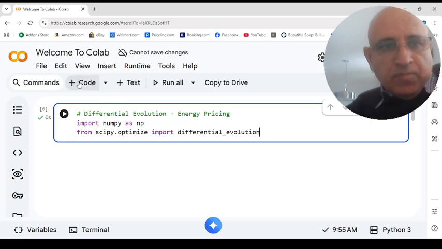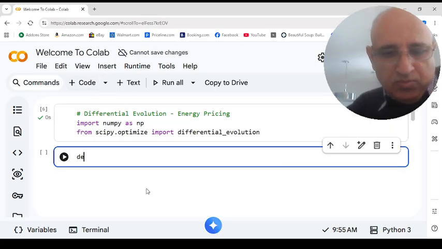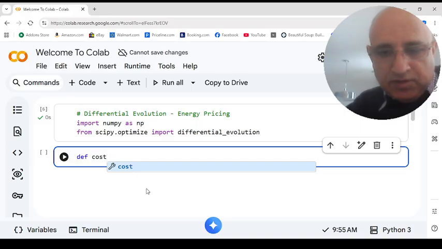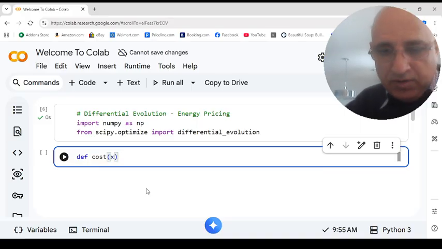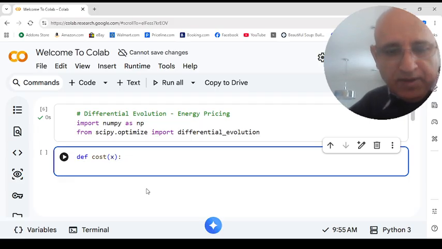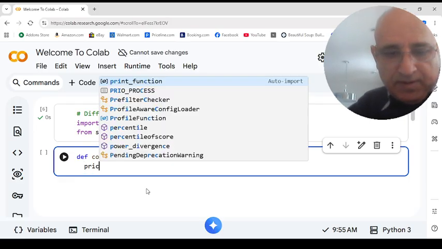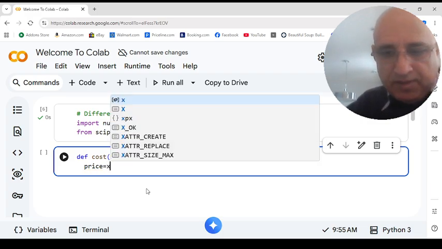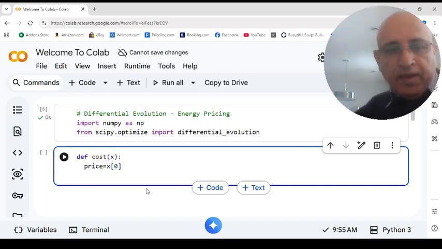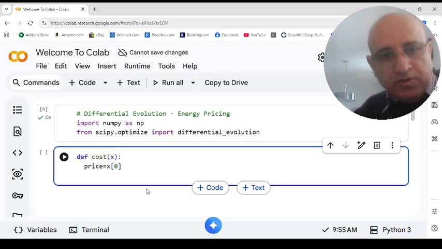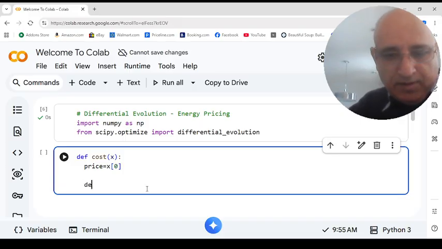So first of all, we need to define the cost function, the objective function that we want to optimize, minimize, and we are defining price as x0 that will be picked from the bound domain prices that we'll define in the next step, and we can say that demand equals 200 minus 2 times price.